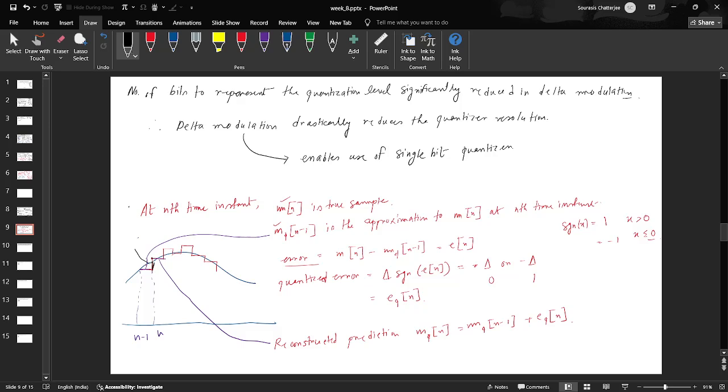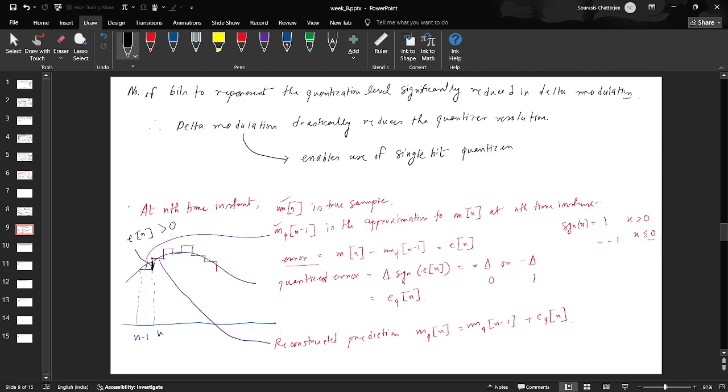This is what your error is, that is e[n]. And what value does it take? Since your ground truth signal m[n] is clearly greater than your approximation, e[n] is greater than 0, it's a positive value.